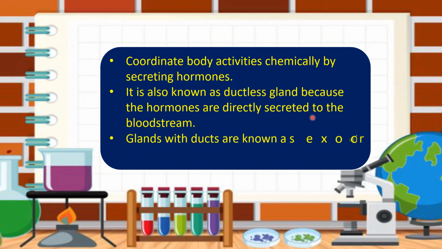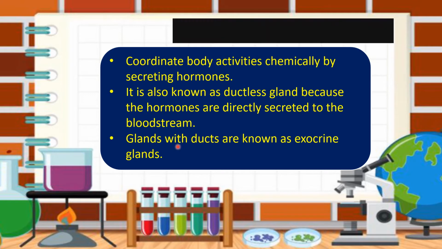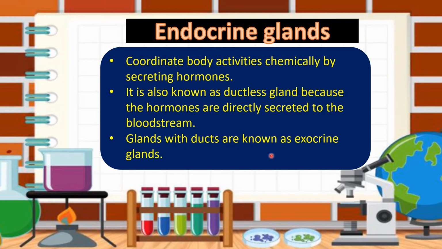So there is no tube where the hormones are going to pass through. Glands with ducts are known as exocrine. Ductless, endocrine. With duct, exocrine. Okay?